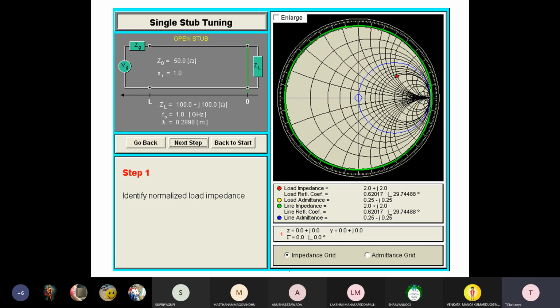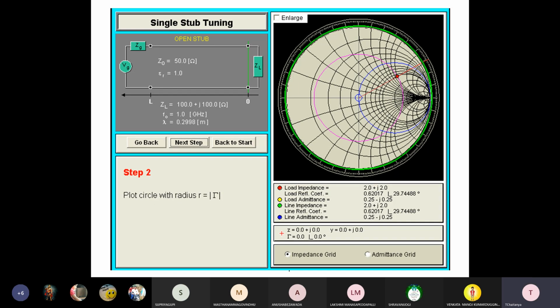Step by step, how the tool works: identify the normalized load impedance, where Z0 is 50. Step 1, plot the circle of radius tau. So this is the circle of the radius.